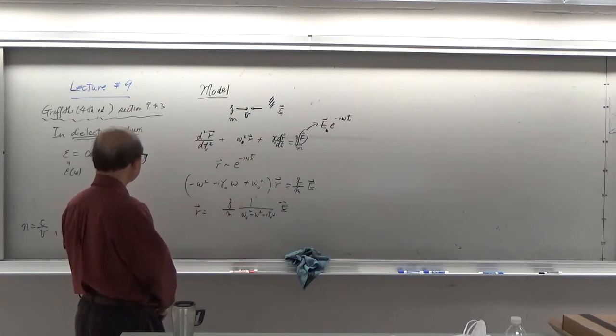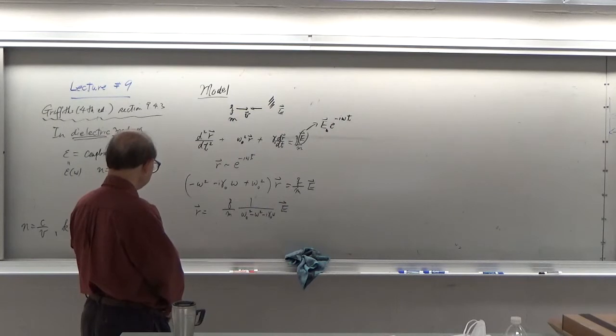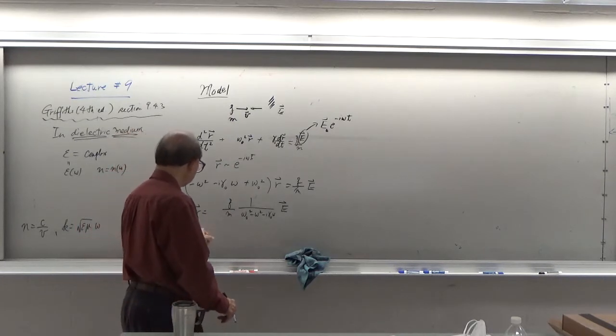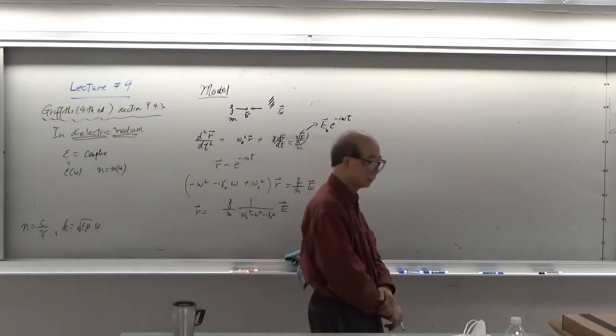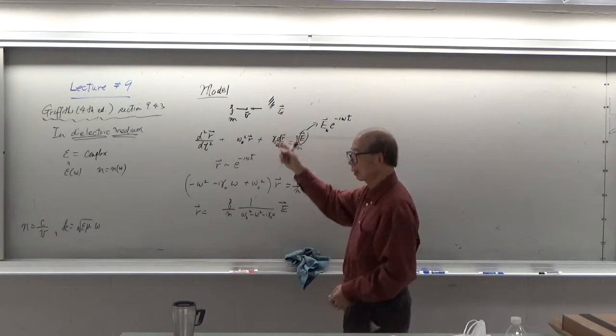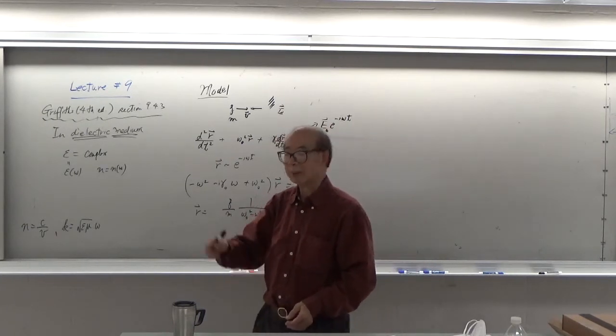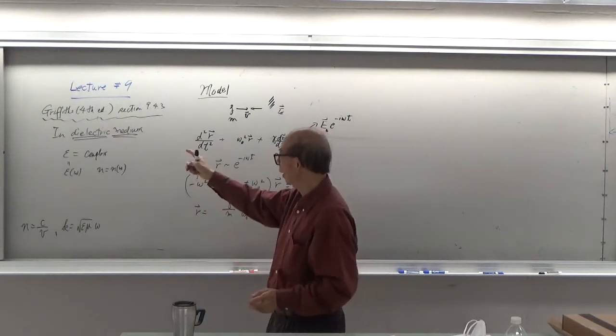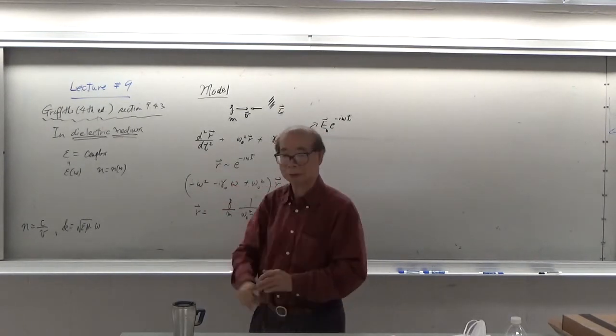And if I have not made a mistake in algebra, I think I'm correct. Then that's the result you get for this one particle, one charge inside a certain molecule in the dielectric medium that we're talking about.